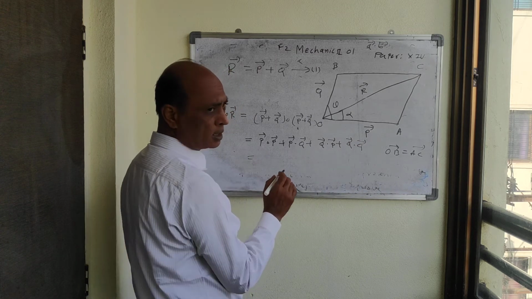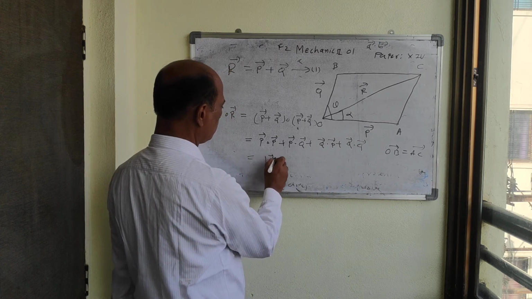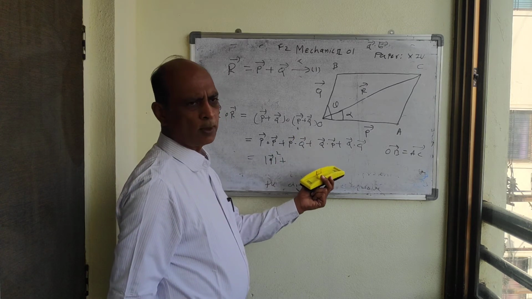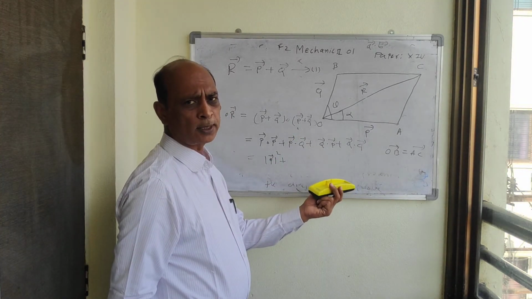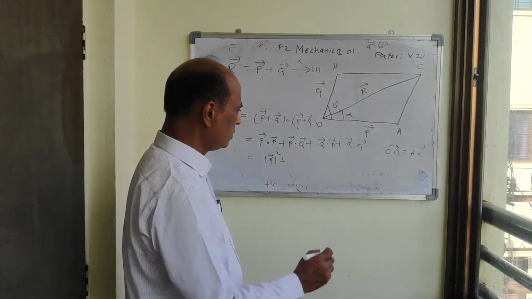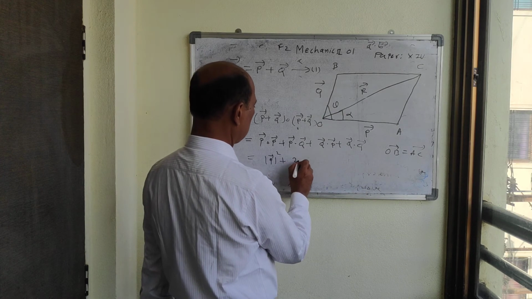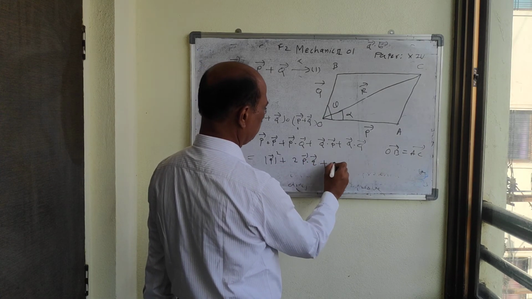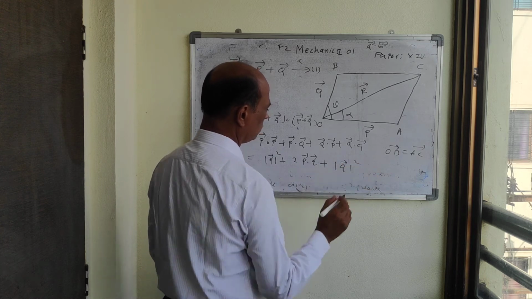That is mod P bar square for P bar dot P bar. We know that the dot product is commutative, meaning P bar dot Q bar is equal to Q bar dot P bar. So we can write 2 P bar dot Q bar plus mod Q bar whole square.